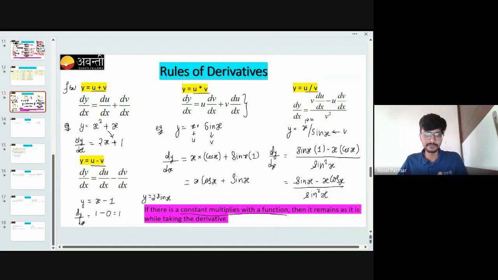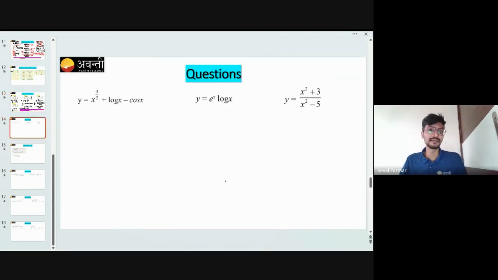So if I write dy by dx here, I can write 2 as it is and just write the derivative of sine x, which is cos x. So if 2 or any constant is in multiplication, then it makes no difference.